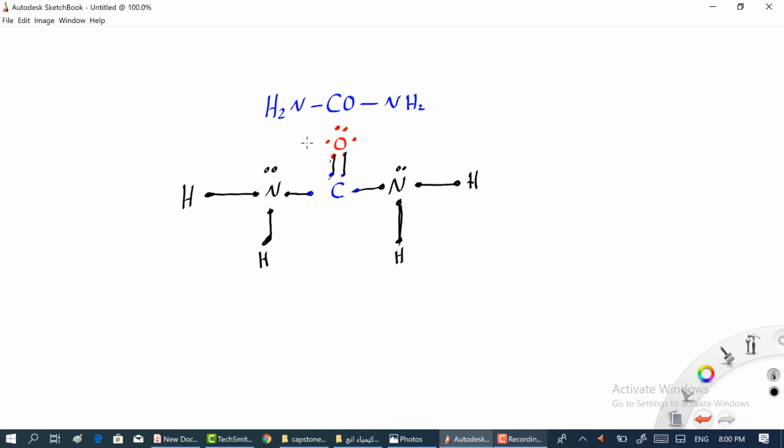All are saturated. This is the chemical formula of urea.